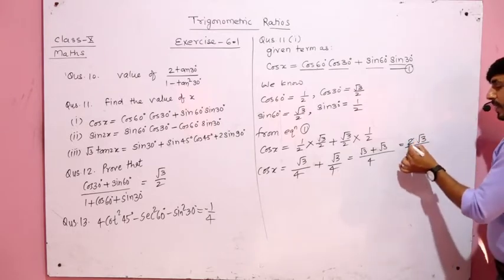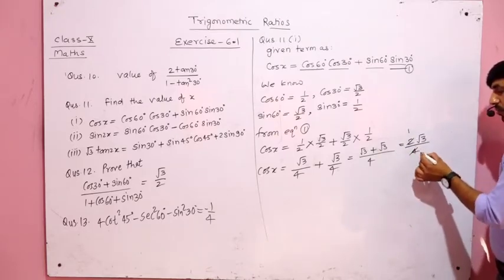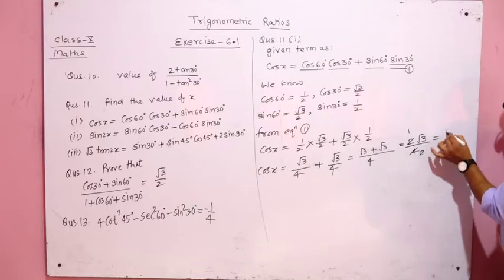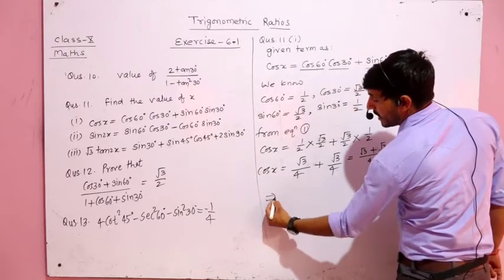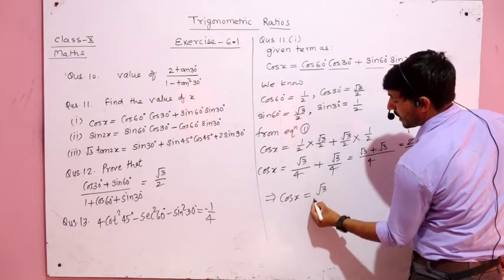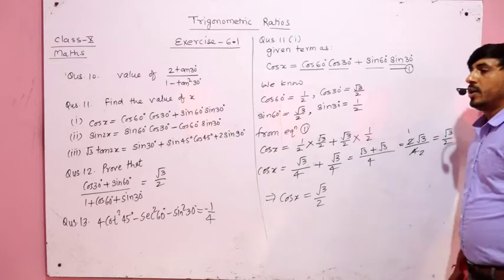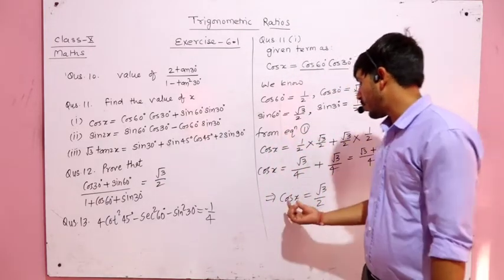As you can see, 2 is cancelled, 4 is cancelled by 2 times. That means we will get root 3 by 2. It means we are getting cos x is equal to root 3 by 2. And see in the table and think about the cos theta.